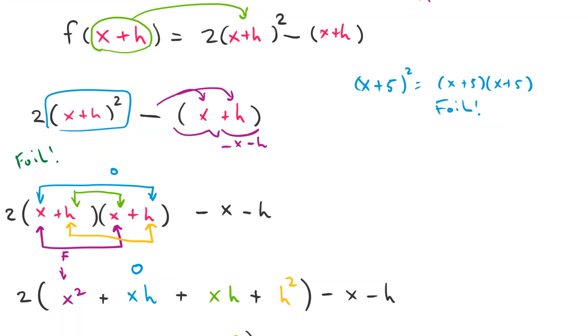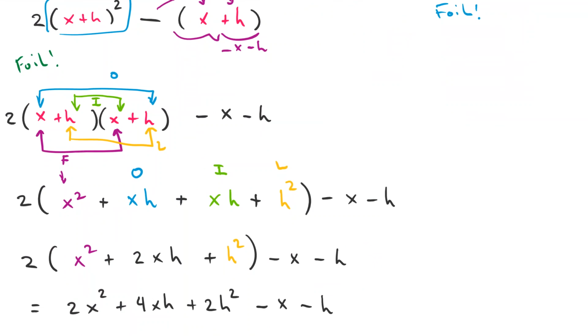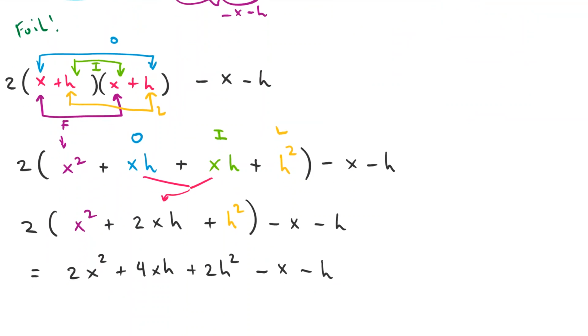We have our inner in the FOIL, which is here, x times h again. And we have our last, which is h times h. So we have our FOIL. We notice right here that these two can be combined because they're both x times h. So we now have two of them. We should also probably distribute through this 2. So let's do that.